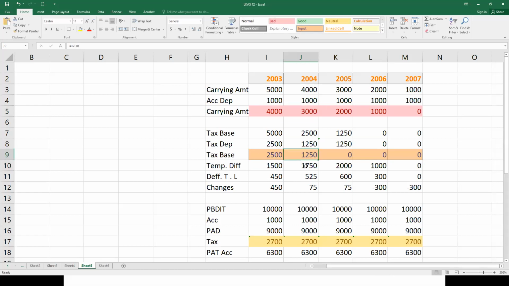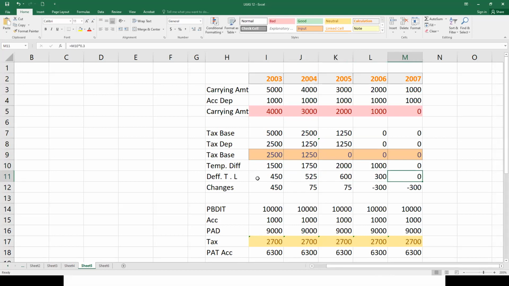Each year we calculate a temporary difference, and we calculate 30% tax to find out the deferred tax liability. So 30% of 1,500, we get 450 this year, and the second year 525.